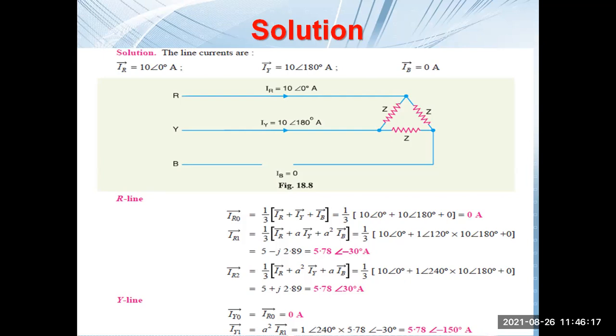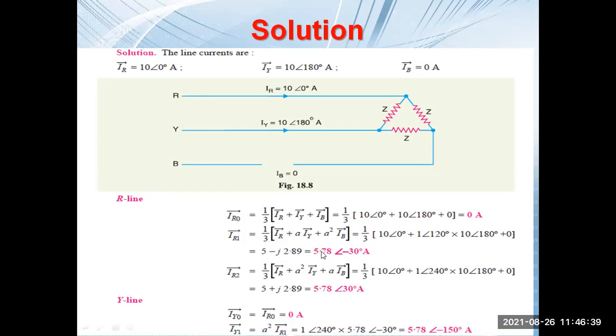If you are getting 60 degrees, sir? The first one is -60 and the second one is 60. Which one? Phase IR0, IR1. Sir, what is IR1 coming? -60 degrees. This value is correct, na?